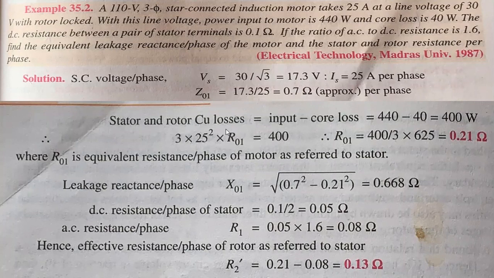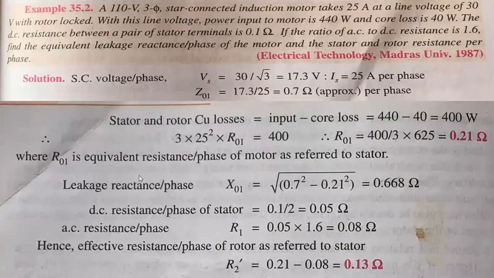The stator and rotor copper loss is 400 watts, and the formula is 3I square R01. So 3 into 25 square, with I equal to 25 amperes, R01 is equal to 400 by 3 into 625. So R01 is equal to 0.21 ohms.